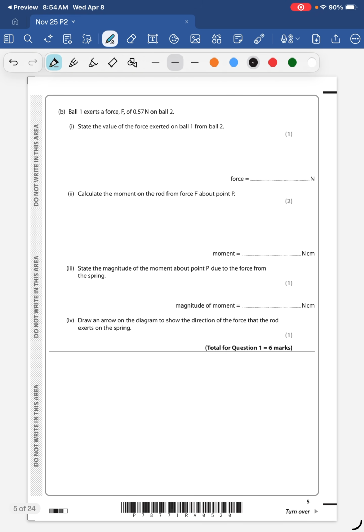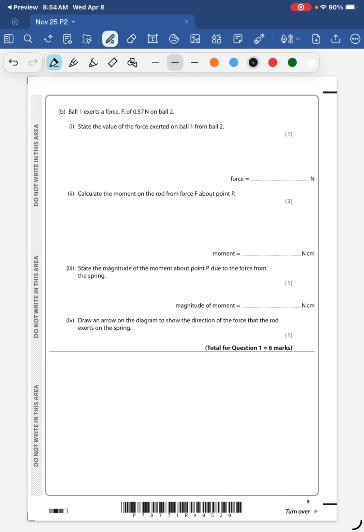So let's move on. Part B. Ball 1 exerts a force F of 0.57 newtons on ball 2. State the value of the force exerted on ball 1 from ball 2. Since electrical repulsion obeys Newton's third law, the force is the same, 0.57 newtons.